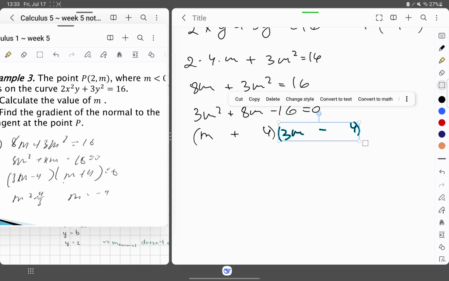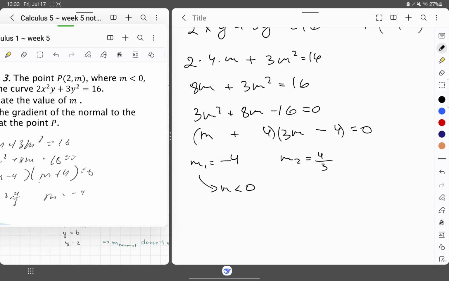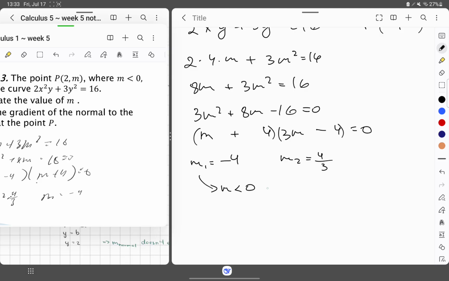So it will be 0. m1 is negative 4. m2 is this one, but we will plug this one because m must be less than 0. So m will be negative 4.